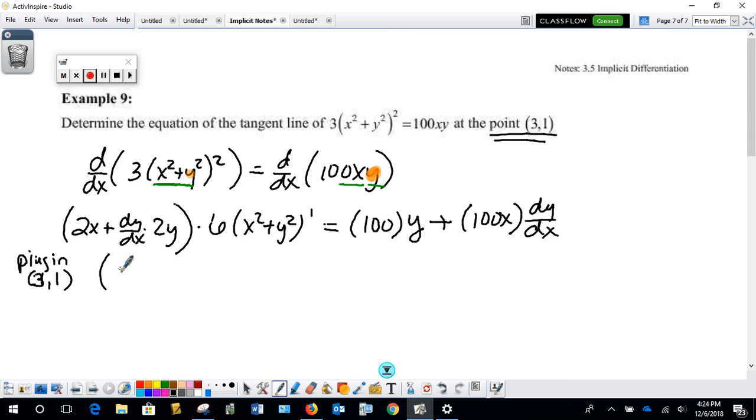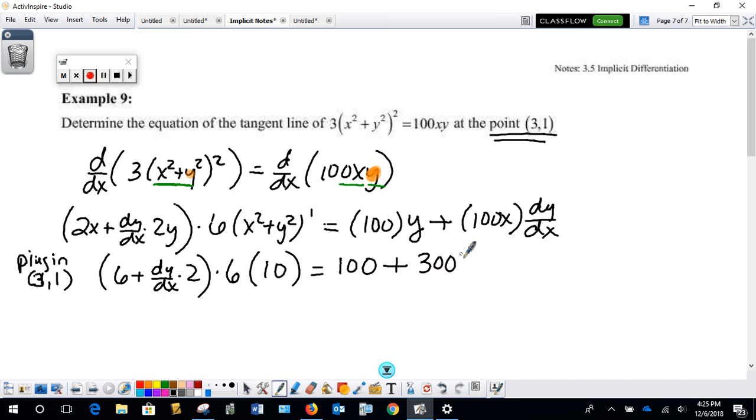That's going to give me, take each part individually, 6 plus dy dx times 2 times 6. And then I have my 3 squared, 9 plus 1 squared, 10 equals 100 times y, 100 times 1, so that's going to be 100 plus, my x is 3, so that would be 300 dy dx.